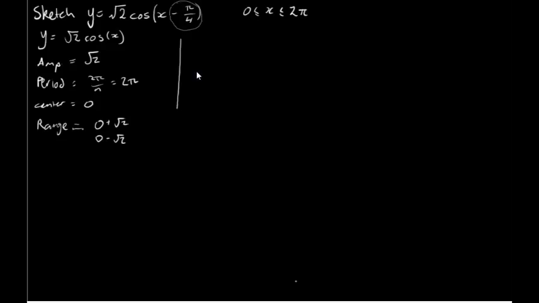We're now going to sketch this, between 0 and 2 pi. We've got a cos function, so it's going to look something similar to that. And we want to label some of these points to use our horizontal translation.